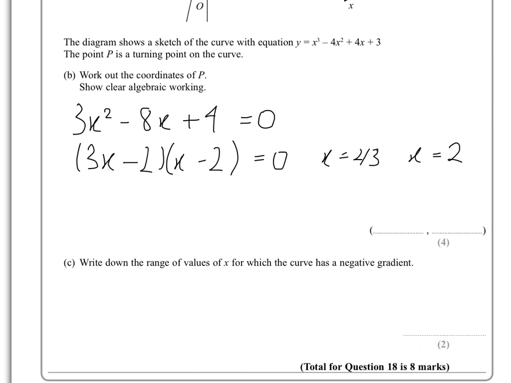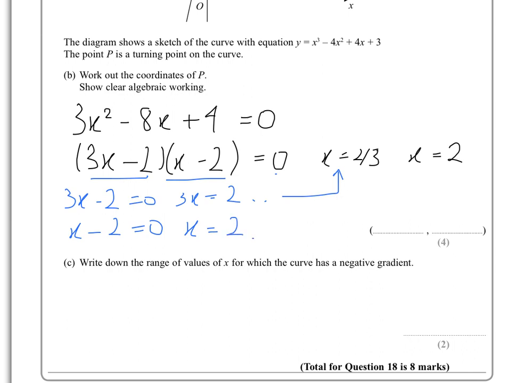And again, just to explain that, when two numbers multiply together to give 0, one of them can be 0 or the other can be 0. So that means that either 3x minus 2 is 0 or x minus 2 is 0. If 3x minus 2 is 0, that means 3x equals 2, therefore x equals 2 over 3. Subsequently, if x minus 2 is 0, therefore x equals 2.